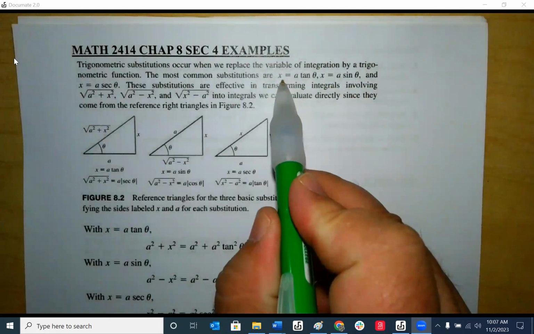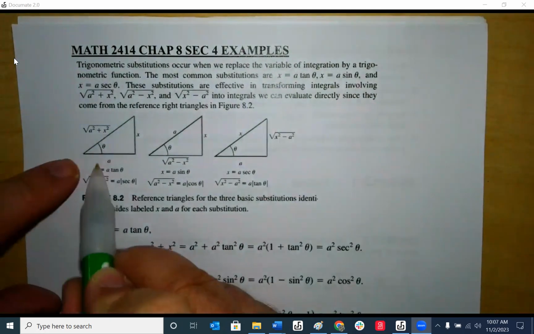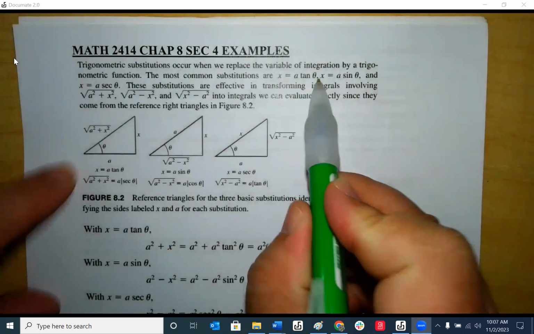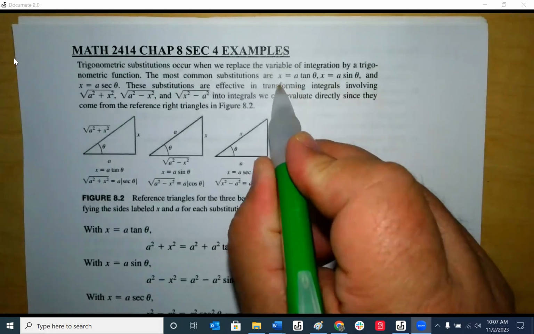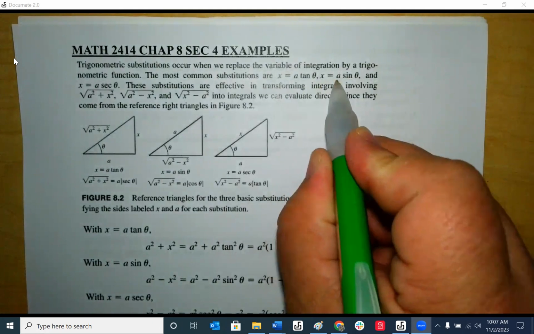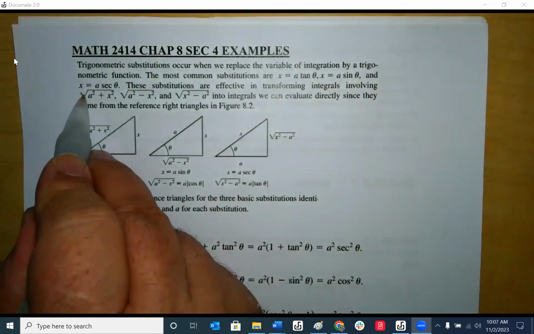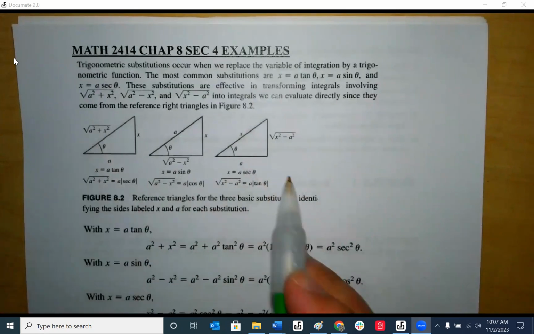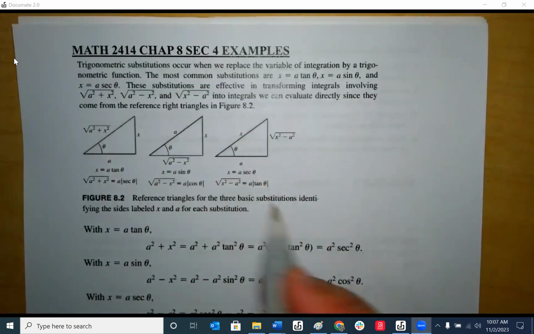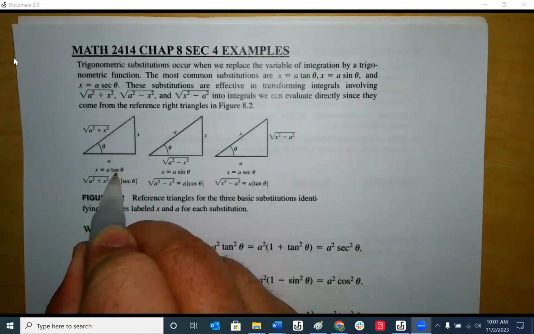So we're going to use substitution of x as a tangent, or sine theta, or secant. If these don't make sense to you, what they are is, for example, here it's tangent.